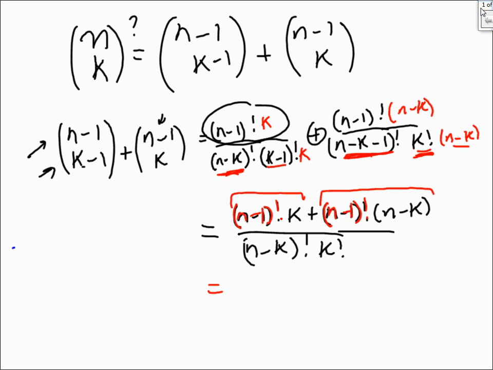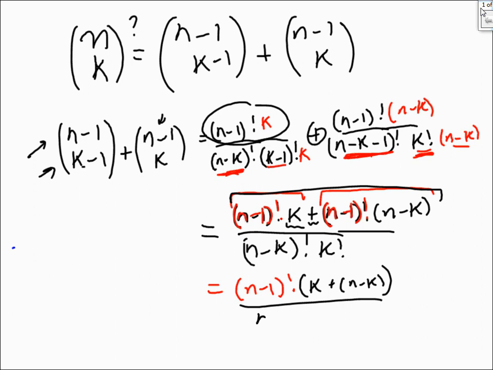So we can factor it out. N minus 1 factorial. And what's left over is everything on the top that isn't in red, that is what I didn't have in common. Namely a k, a plus sign, and an n minus k. And the bottom didn't change. It's n minus k factorial times k factorial.